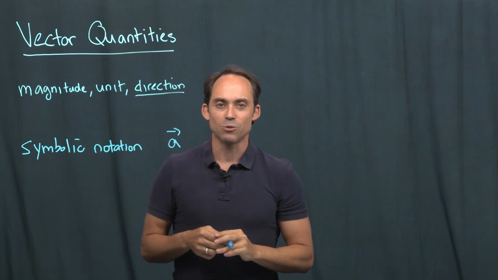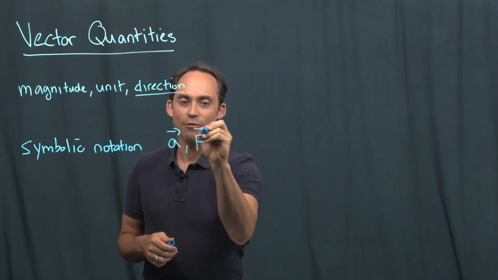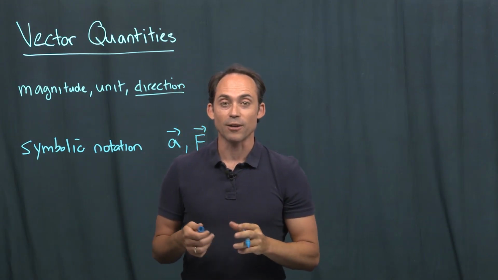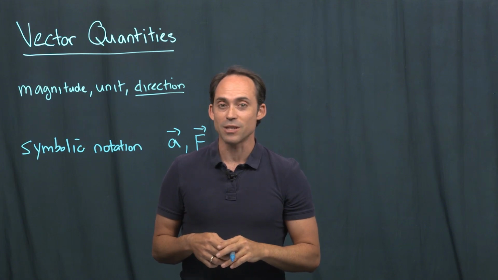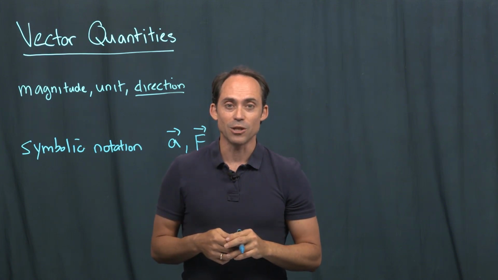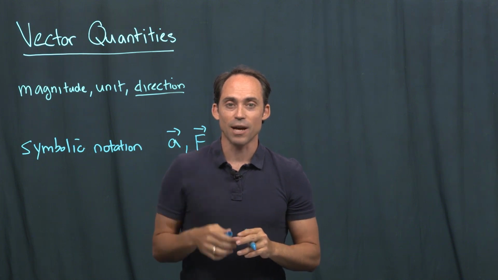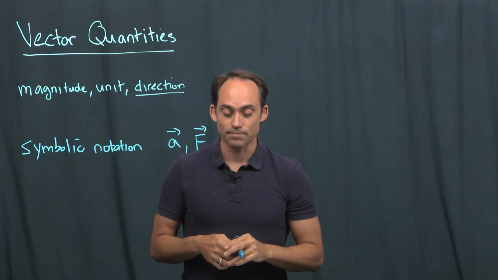In this case, this is representing the vector quantity of acceleration, and an F with an arrow over it would represent the vector quantity of force. We can also write A and F without those arrows on top, and that would just indicate the scalar, maybe the magnitude of the acceleration or the force. But anytime you see an arrow over a quantity, you should know that it's a vector, and it's going to have to be treated a little bit differently.